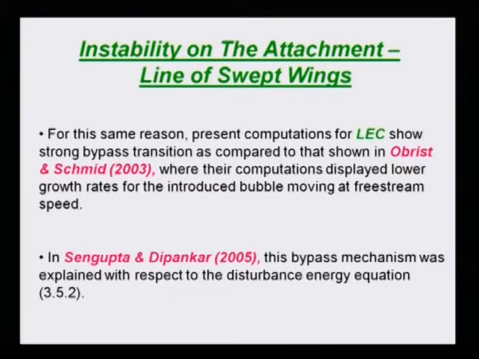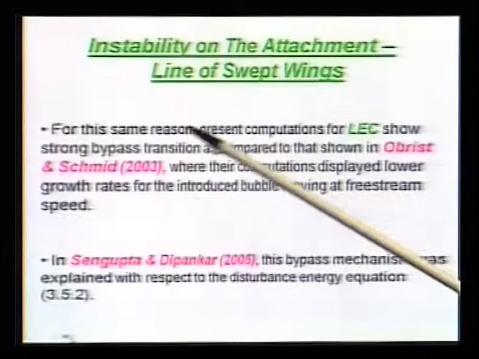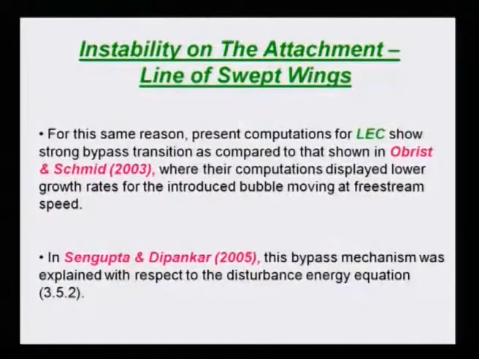And we have shown that you can sow the seed of bypass transition. This was not possible. There was a computation by Obrist and Schmid.